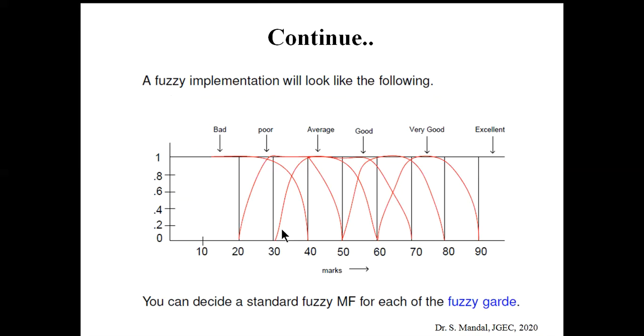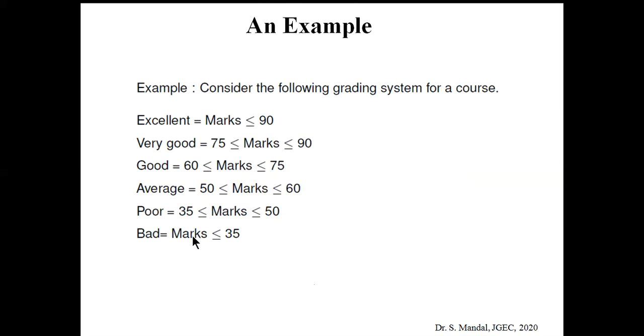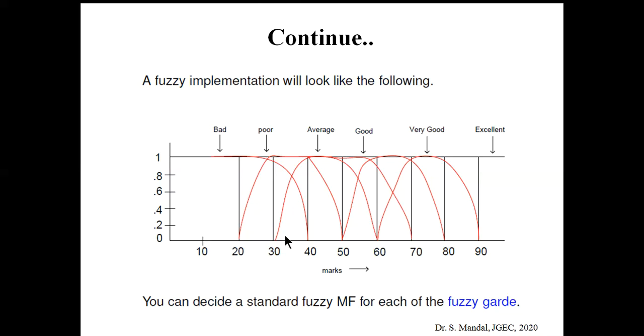Okay, so you can say that bad means where the bad lies, that means if it is less than 35, that is bad. Okay, sorry, this one is basically 35. So you can say that bad, poor, average, good, very good, excellent can all be expressed in terms of this kind of function, like Gaussian or trapezoidal, like this.